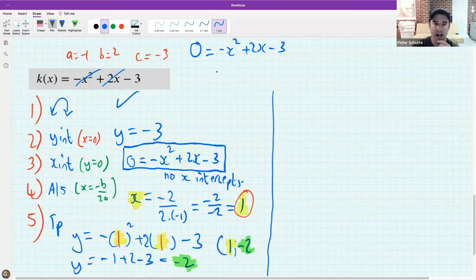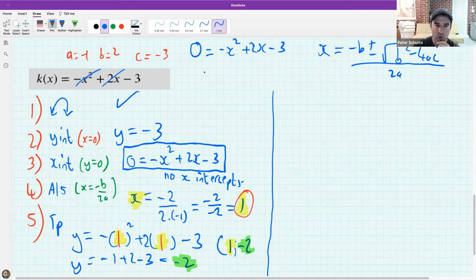Whenever I am going to use the formula, I have to know what the formula is, which is this thing. But I like to know what delta is, because delta tells me a lot about this question. So delta is just b squared minus 4ac. And if I see delta is negative, I actually know not to waste any more time.